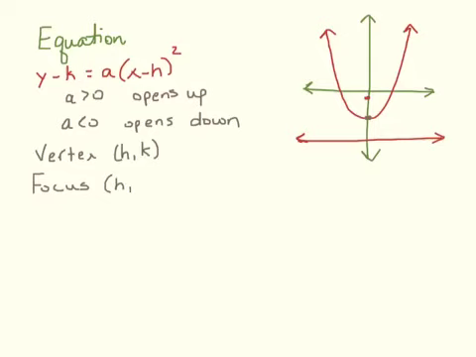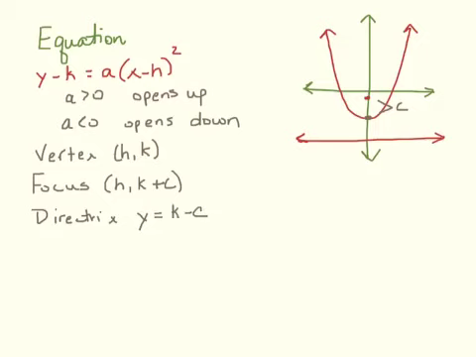So the x-coordinate is the same, but the y-coordinate varies by this distance of c. So we're going to add whatever that c is to it. Now the directrix is a straight line. In this situation, your directrix is a horizontal line and crosses the y-axis, so it's going to be a y equal to, and instead of k plus c, it's going to be k minus c.